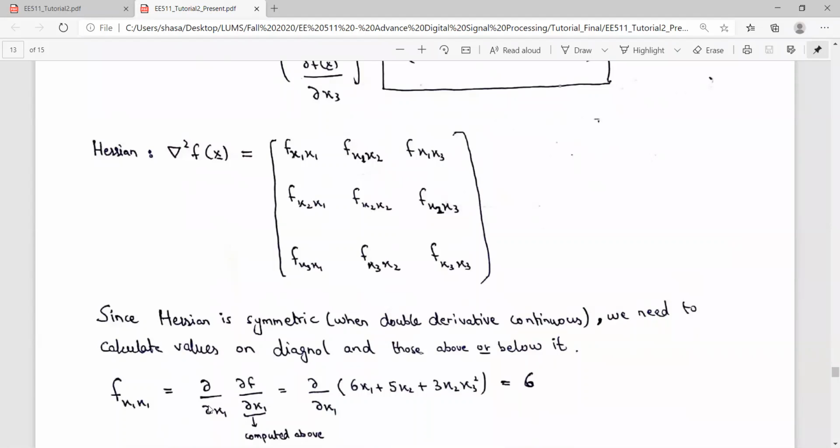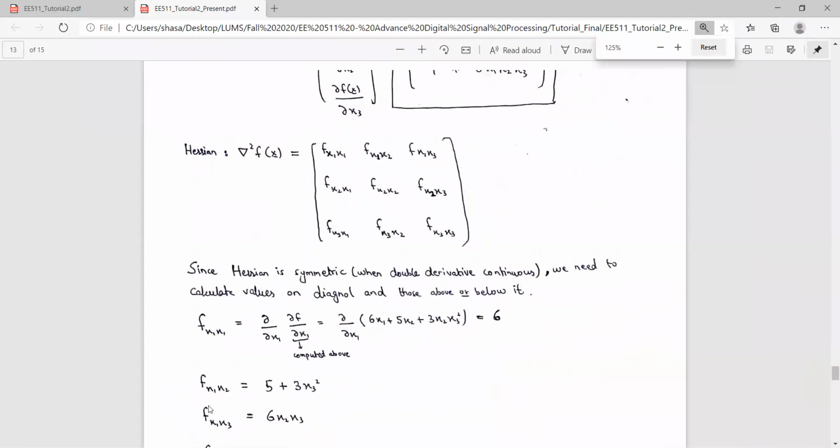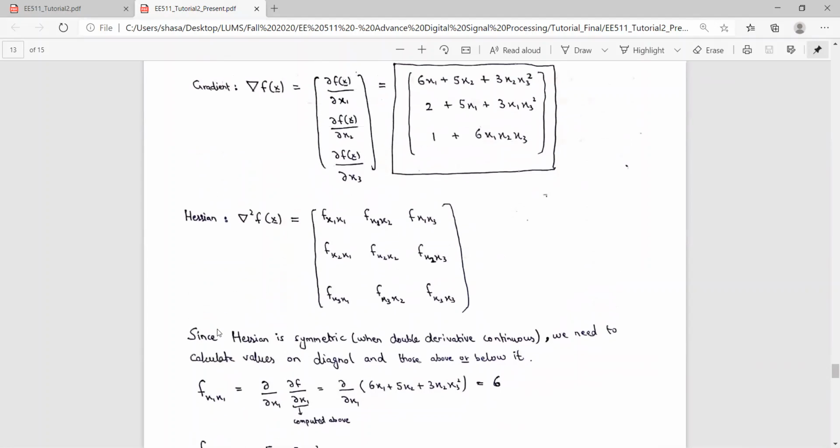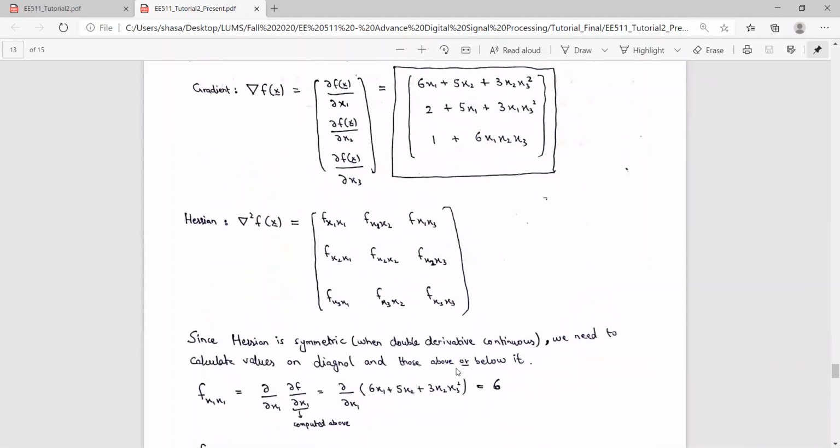Once again, you already know what fx1, fx2 and fx3 are. So you use these results from here, and this is a possibly simpler partial derivative. We have only one term in x1, the others are constants and they go away, we are only left with the 6x1 term, and the partial derivative of it is 6.